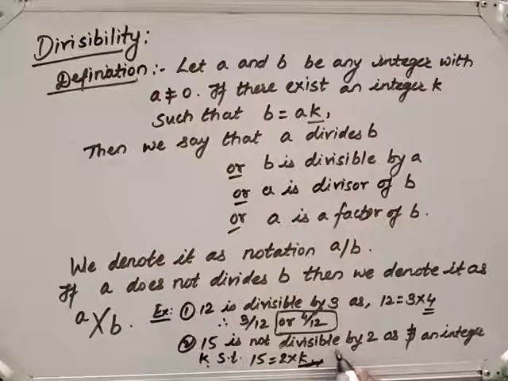This k doesn't belong to Z. So this implies 2 doesn't divide 15.